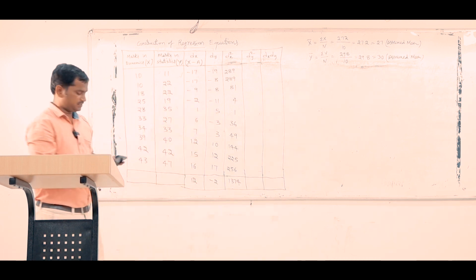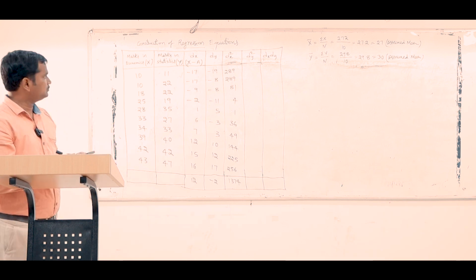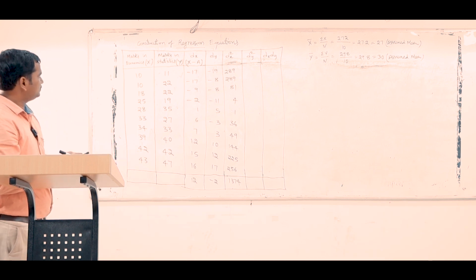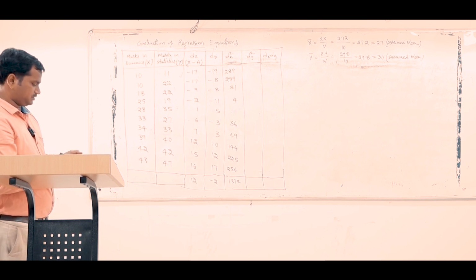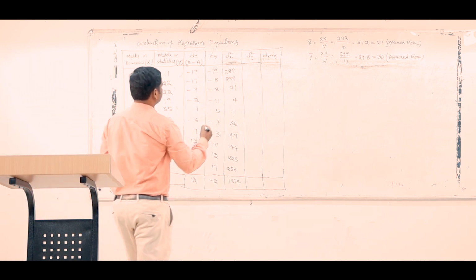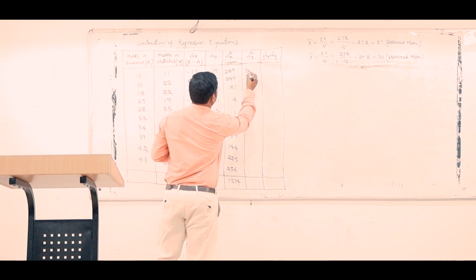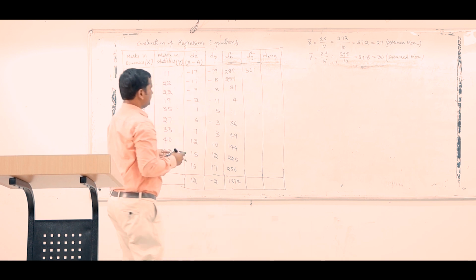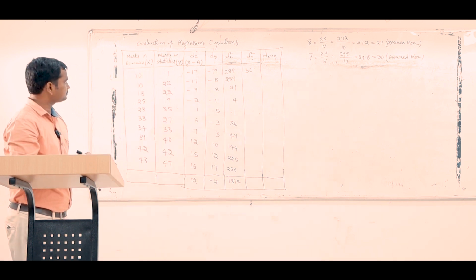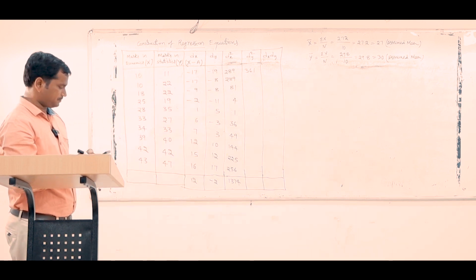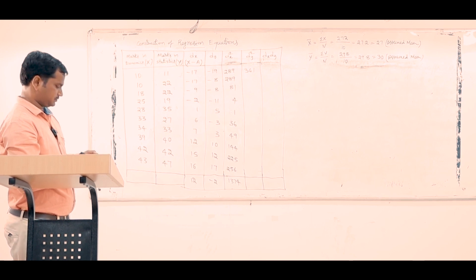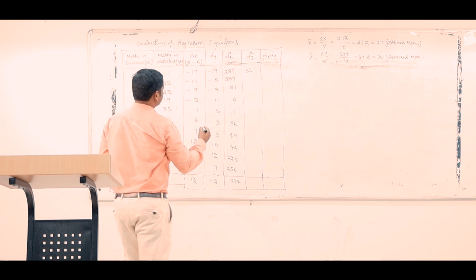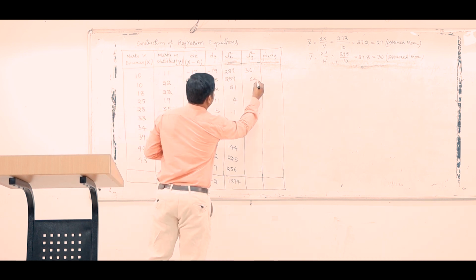Like that, for dy also, we should find out the squares. The first value is 19, so 19 into 19 is 361. Next is 361 again. Next, 8 square is 64.